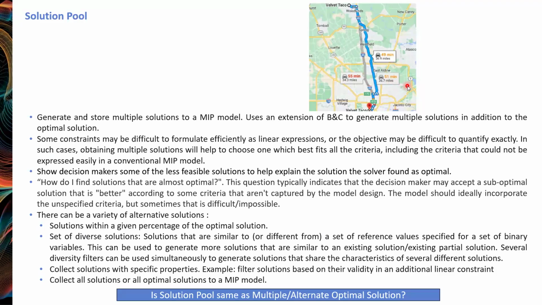So the same thing happens in optimization, that sometimes either we want to store multiple solutions, or the user wants us to store multiple solutions for the same model. So if we are storing, for example, three solutions, then the first solution would be the globally optimal solution, and the next two solutions would be a bit inferior to the globally optimal solution.